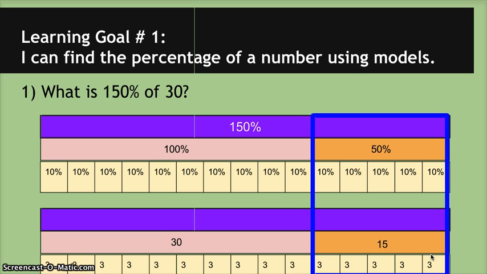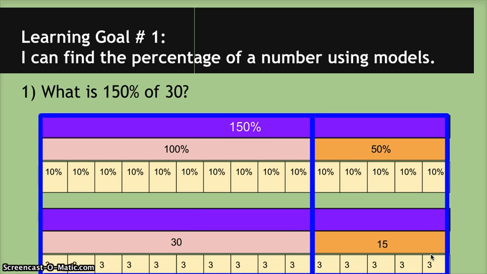If we know 50% and if we know 100%, we can figure out what 150% is. We take 30, add it to 15, we get 45. So 150% of our number 30 is 45.